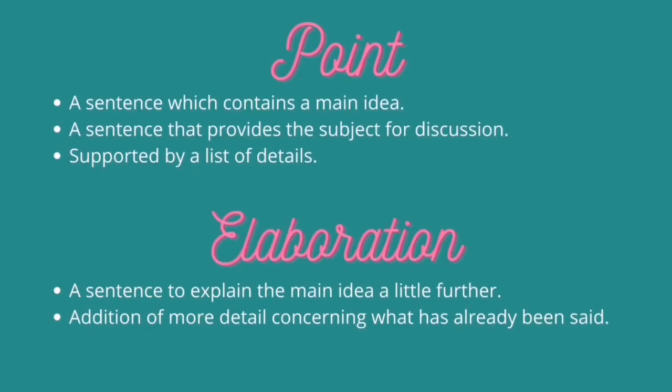Let's go through one by one letter of the abbreviation PIC. Okay, the first letter is P, which is point. Okay, what should we have in the point sentence? Okay, in a point sentence, it has to have a main idea, and then it has to provide the subject for discussion, which is basically the main idea, and then supported by a list of details.